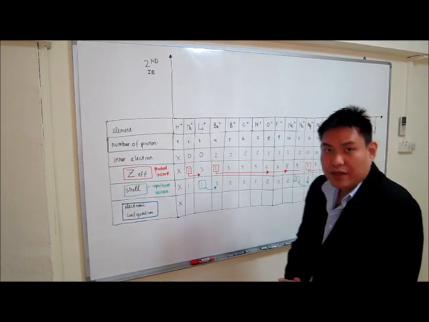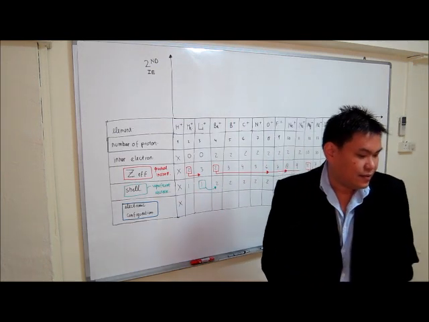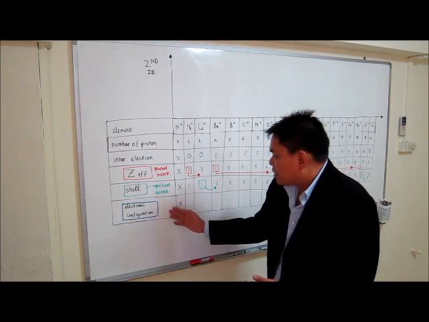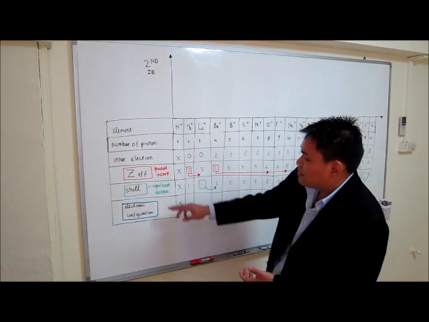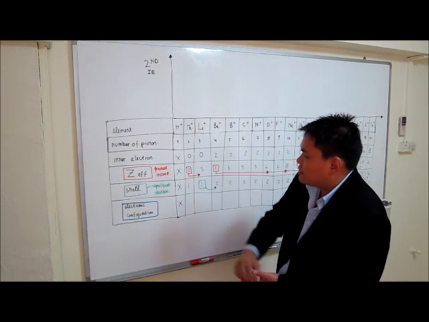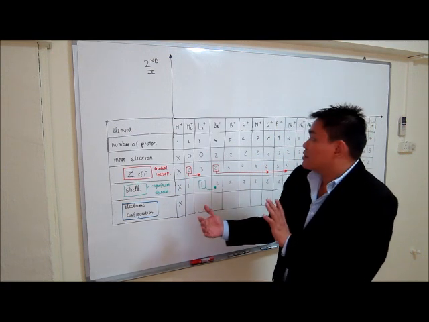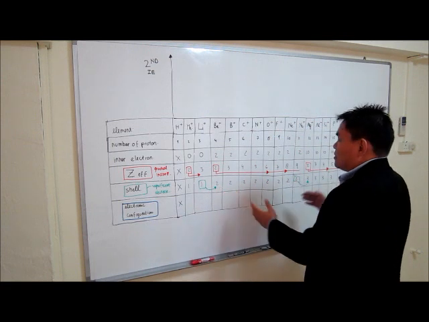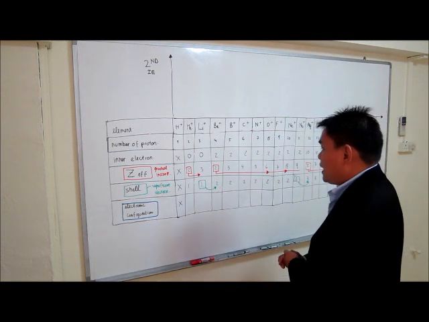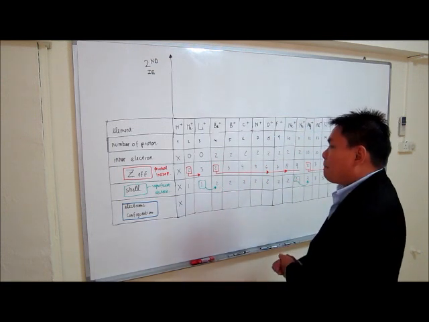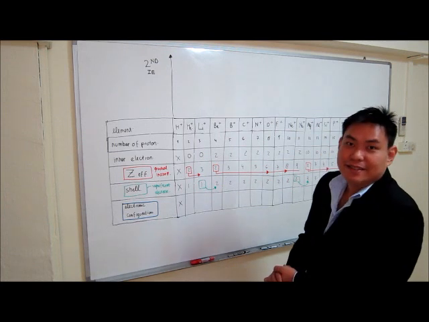How about the electronic configuration? This also affects, even though the effect is not as strong as the number of shells and effective nuclear charge. Because some of these ions, some of these cations, have a stable electronic configuration.